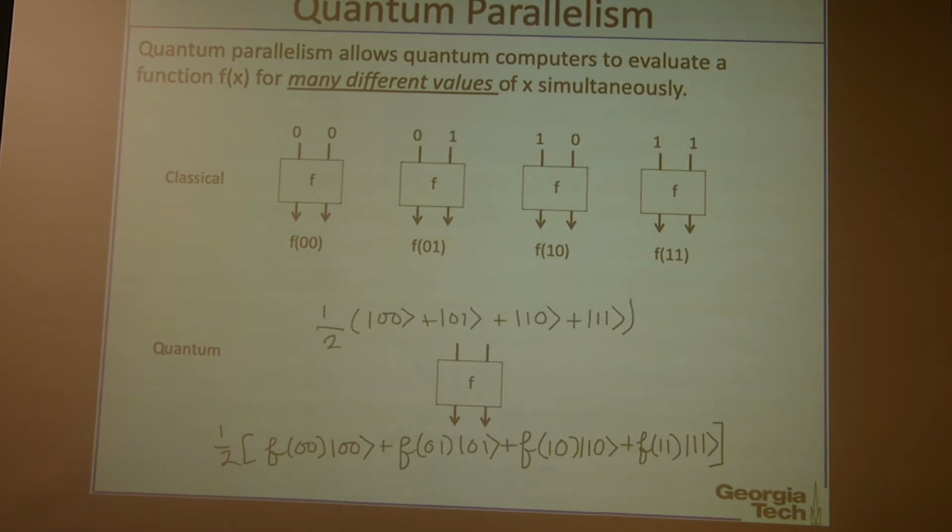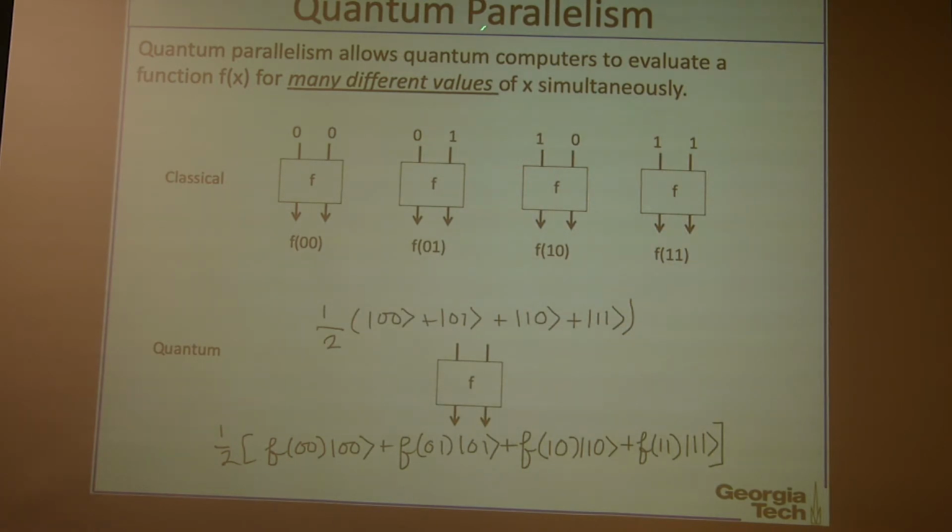Now let me try to give you a sense of why it is the case that quantum computing in certain cases can give you certain advantages. So one of the important things about quantum computing is called quantum parallelism. What does it mean?